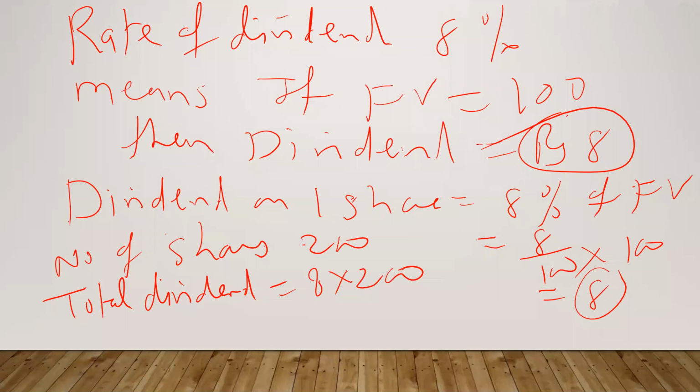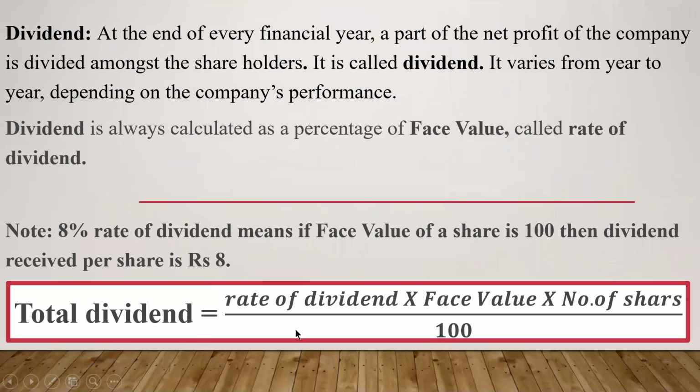On one share I'm getting 8 rupees, so on 200 shares I will get 1600. So my total dividend will be 1600. So how do you calculate the total dividend? It is the dividend on one share, that is 8 here in this problem, multiplied by the number of shares. And how do you calculate the dividend on one share? It is the rate of dividend, that is 8% of face value. So 8 upon 100 into face value. That is how we get this formula.